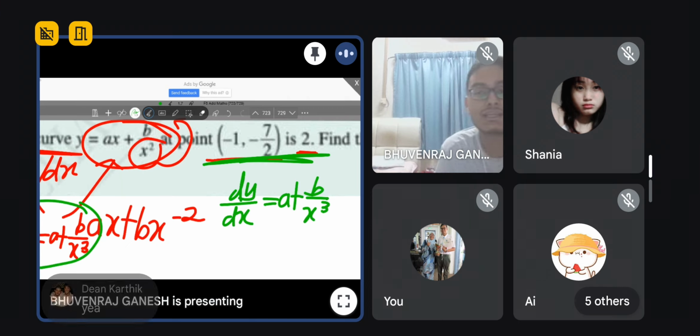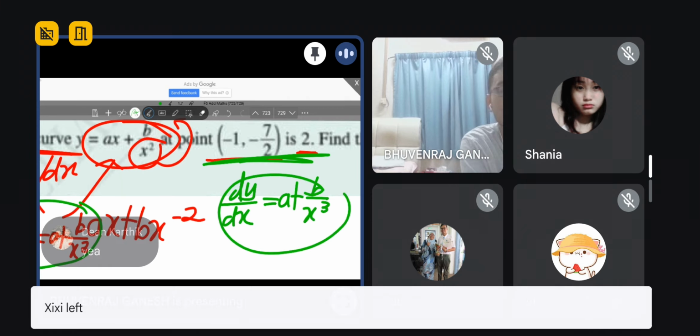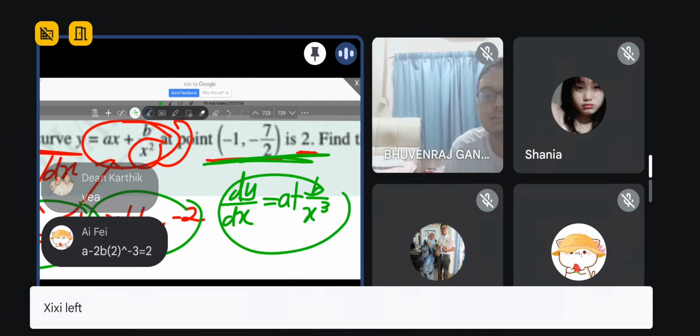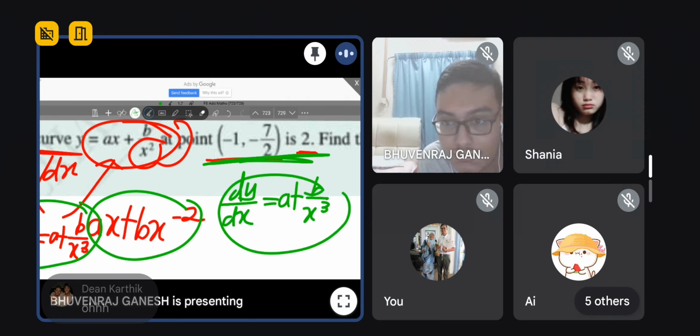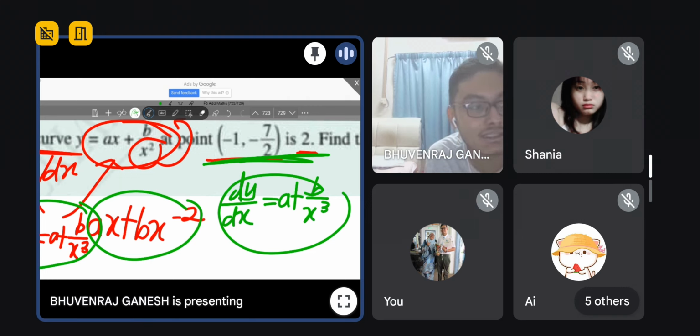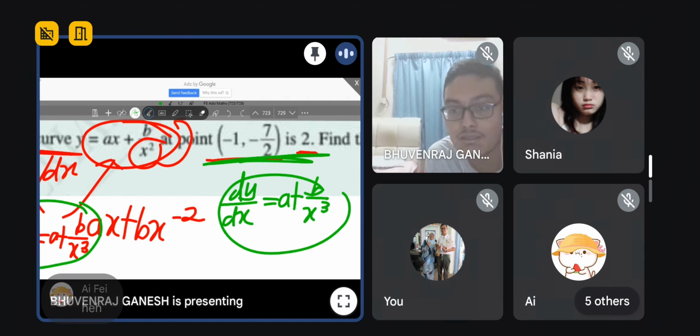I'm talking about the dy dx equation, not this equation. I want the dy dx. Let me check. Aife, how come you get 2? Aife, mana datang nombor 2 tu? 2B. Ada B saja kat sini. You only have B. How you get 2B? I think careless mistake, right?